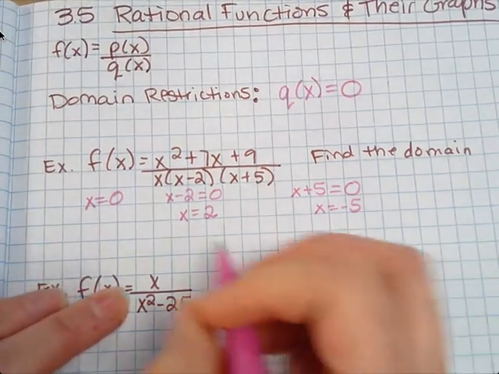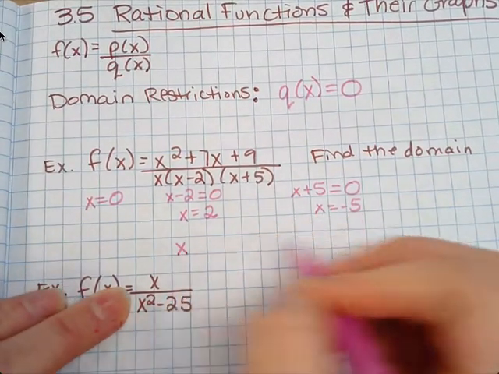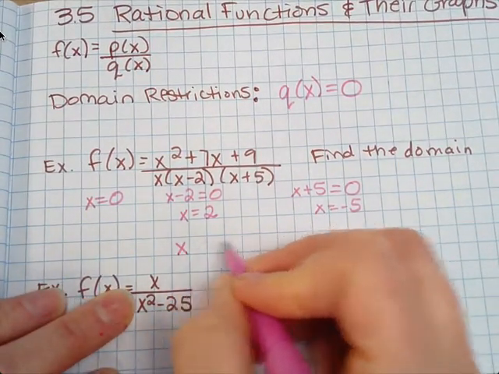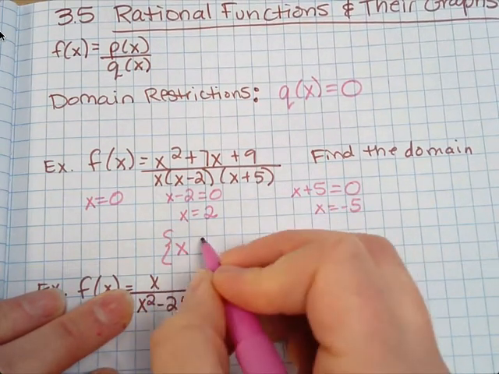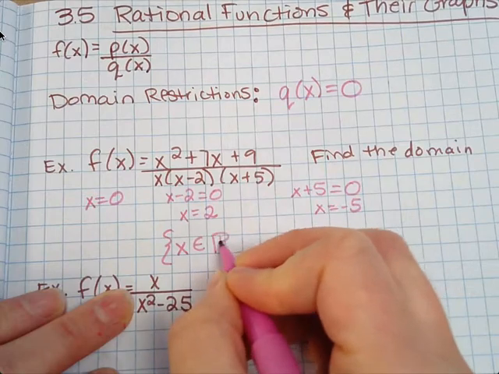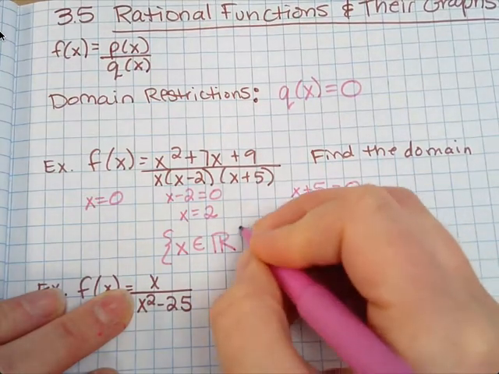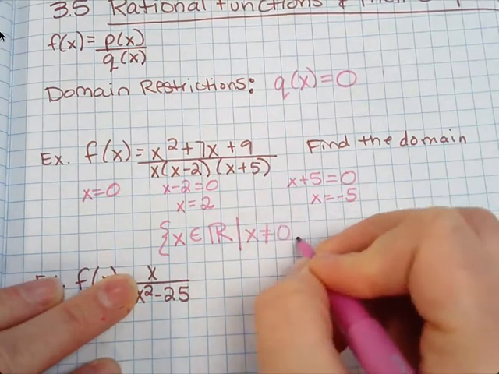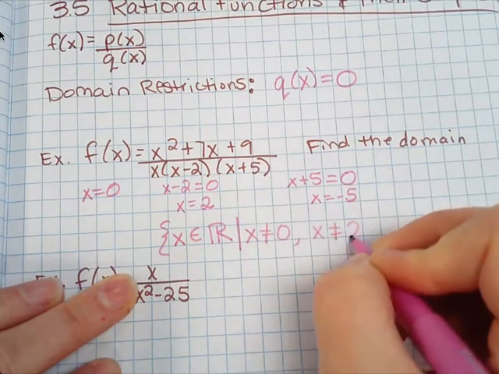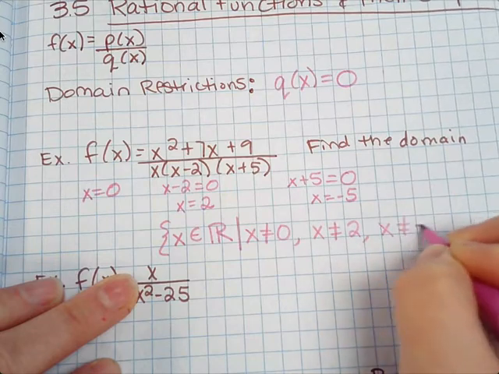So the way we write our domain is the set of all x values that are elements of the real number system such that x cannot equal 0, x cannot equal 2, and x cannot equal negative 5.